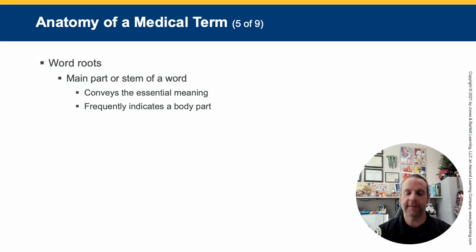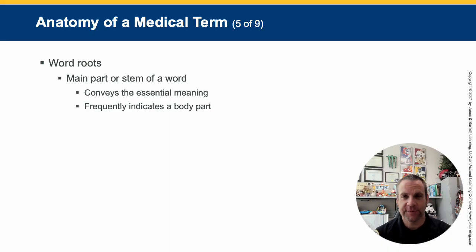For example, cardi means heart. Ner refers to nerves. Gaster means stomach, and osti is referring to bone. So the word root anchors the entire term. It's the first clue you'll use to understand what the term is referring to, especially when time is short and accuracy is so vastly important.